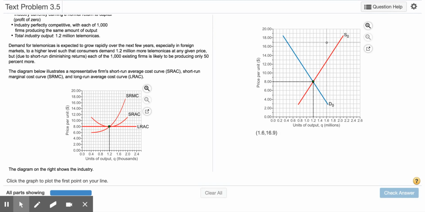So 1.6 is right here. So 1.6 and the price is 17.